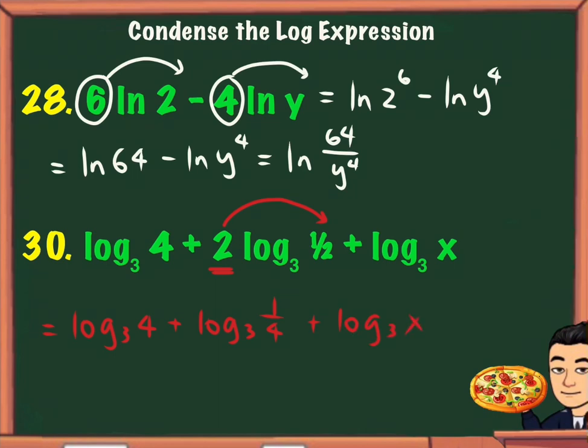Now let's go ahead and combine them. So it's going to equal log base 3 of 4 times 1/4 times x, and this is going to equal log base 3 of x.